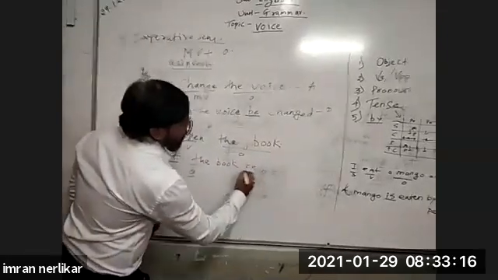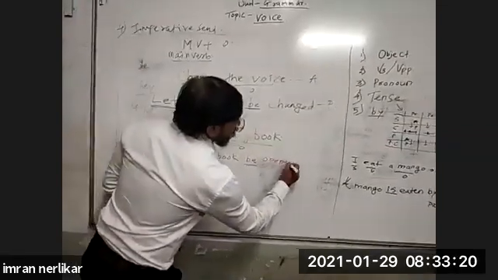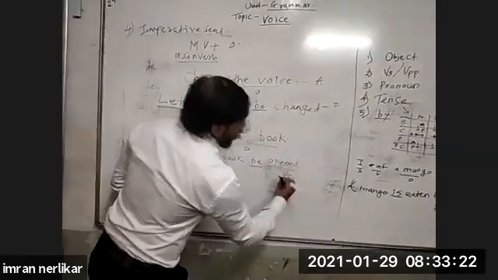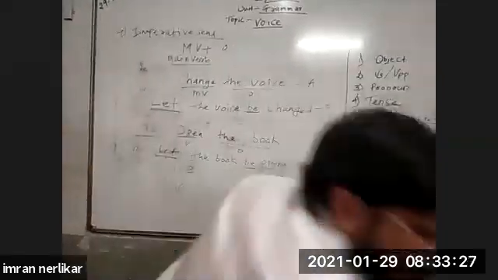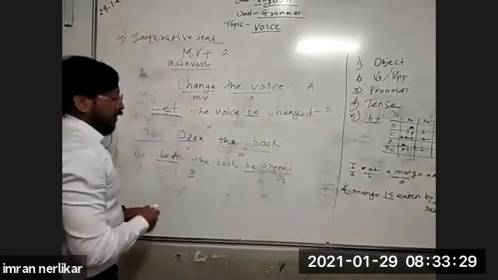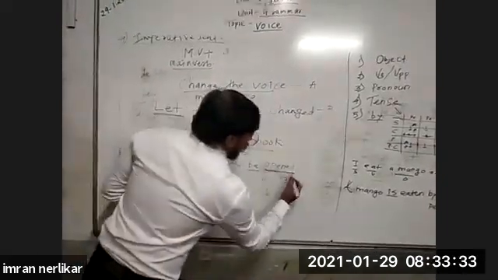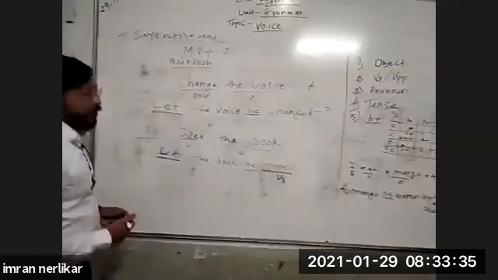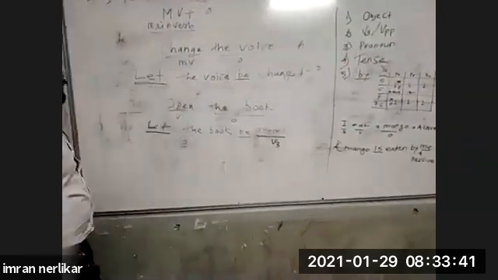After that be, let the book be opened. Third form, V3. Let the book be opened. This is the passive form of the imperative sentence.